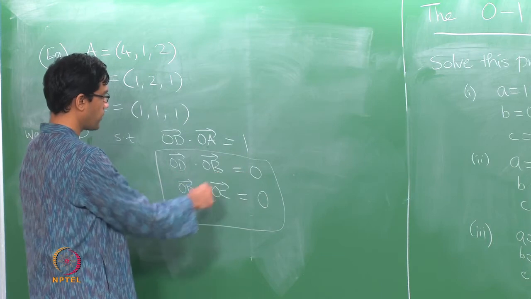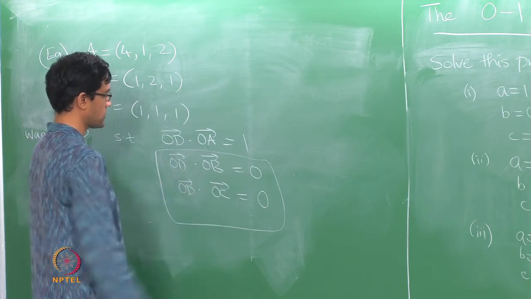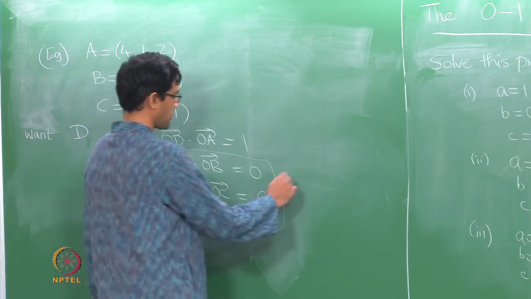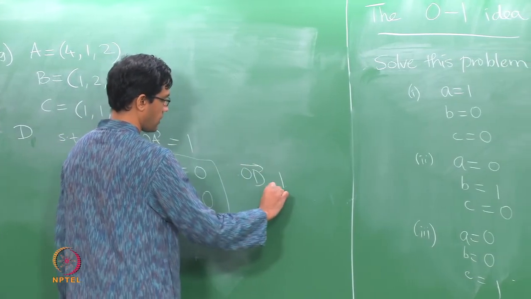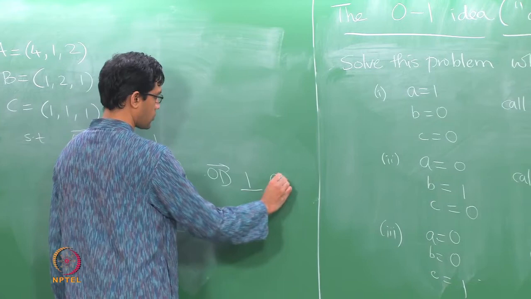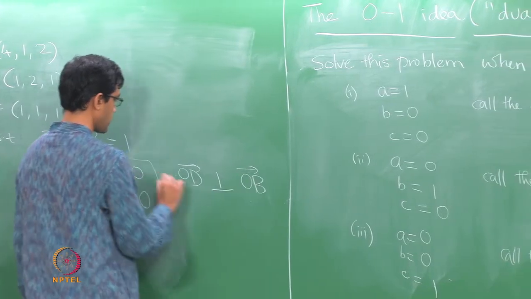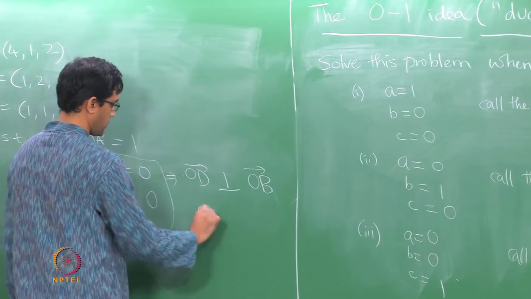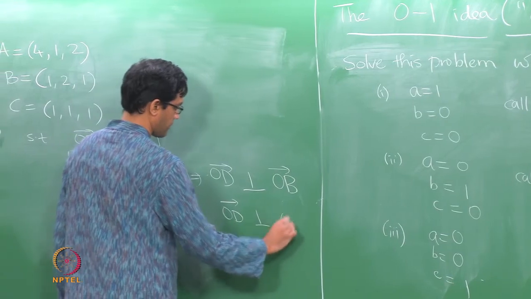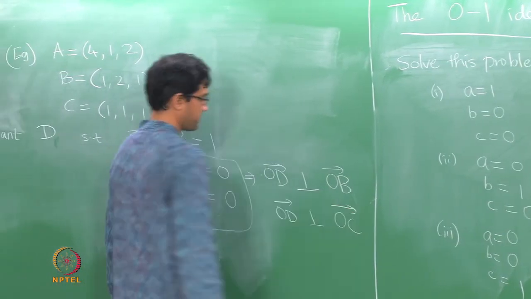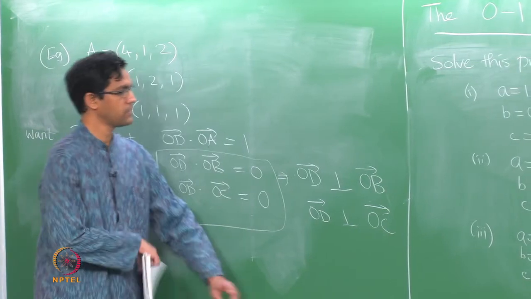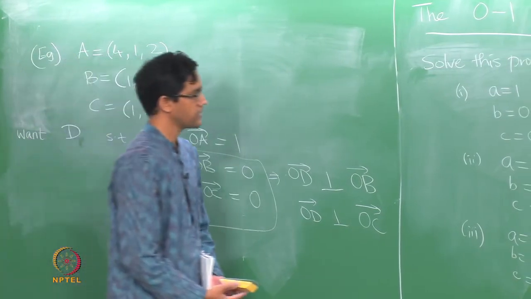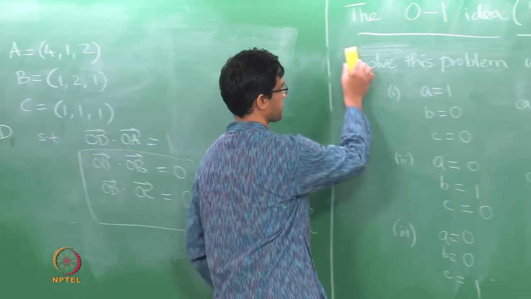Being dot product 0 means that this is actually perpendicular to this vector. Okay. So dot products really mean the following, that OD is therefore orthogonal, or perpendicular, to the vector OB, and it is perpendicular to the vector OC. Okay. So this is a property of the dot product, that if it is 0 it means the angle is 90 degrees between those two vectors.